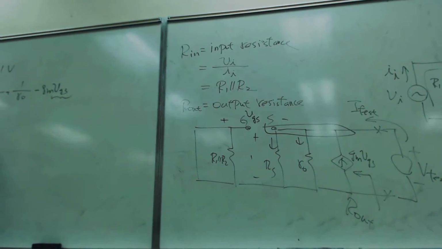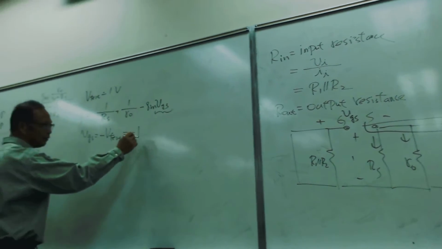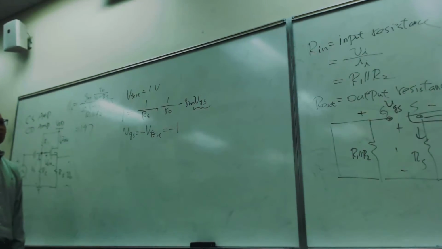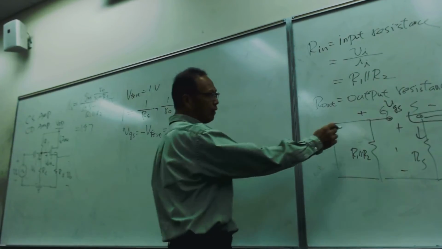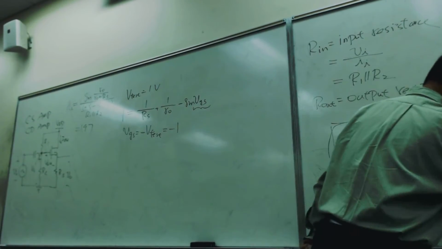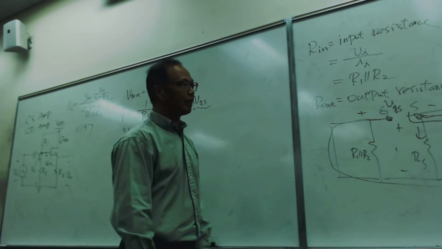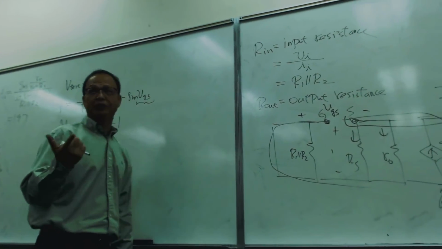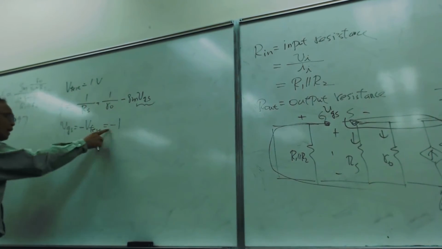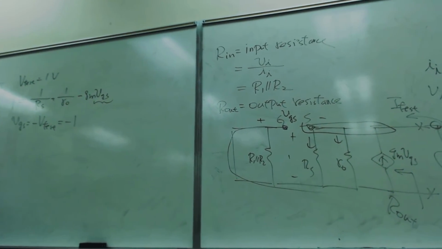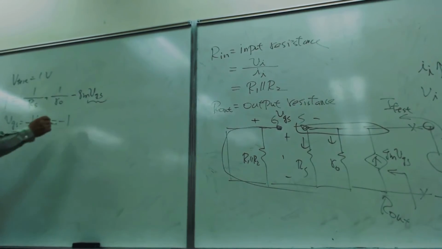VGS is minus V test, so minus 1. You see that? This node is the same as that node, but the polarities are opposite. That's why I have to put a minus sign. Then you put it here.